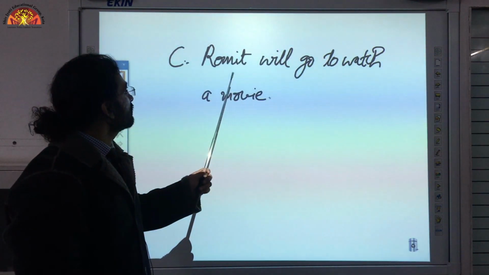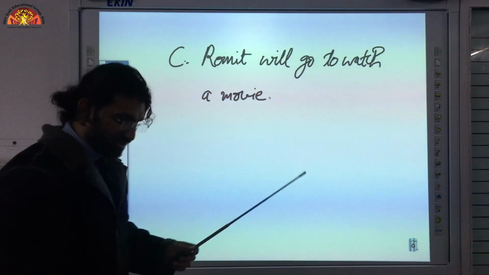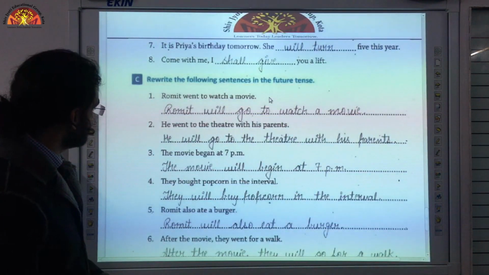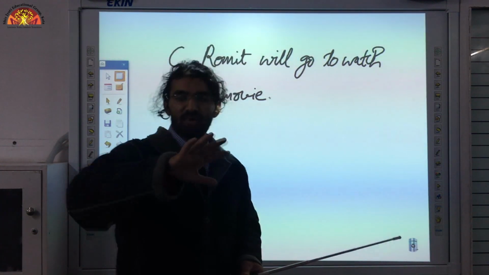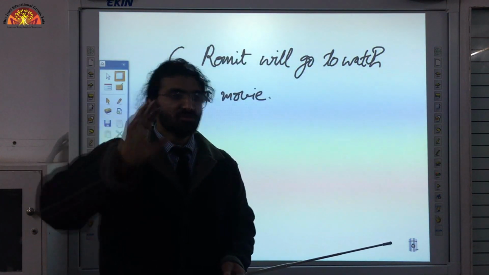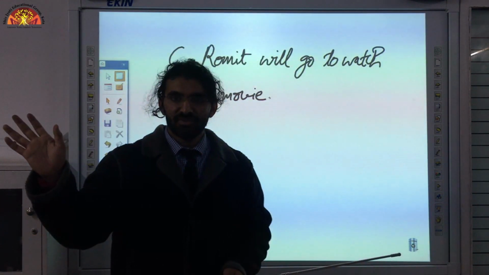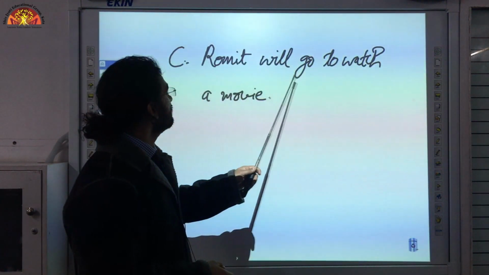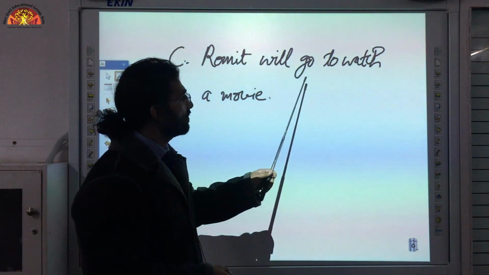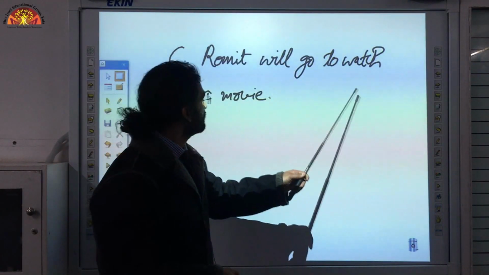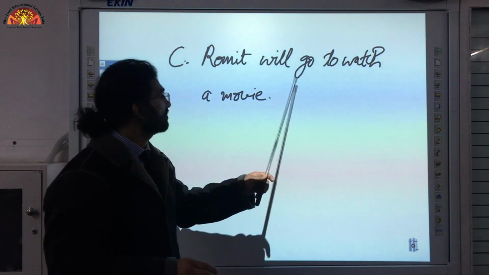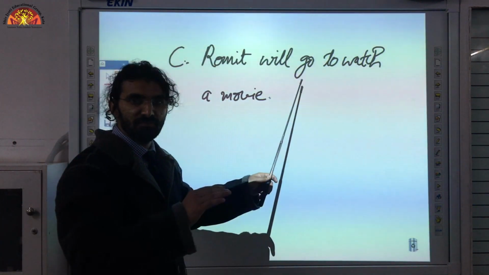It will happen soon. Romit will go to watch a movie. So this is of future tense now, and that's how we have converted it. Went is the past form of verb. So we will forget about went here, and we will bring in the base form of the verb. Simple. Okay, Romit will go to watch a movie. Instead of went, we will write go here, this base form of verb.